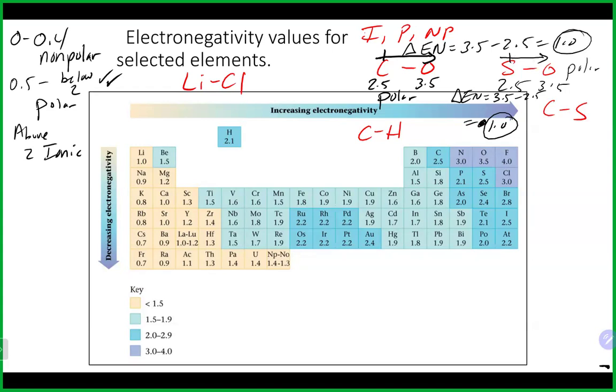When we look at carbon and hydrogen, carbon is 2.5, hydrogen is 2.1. Difference in electronegativity, 2.5 minus 2.1. That is 0.4 difference. 0.4 actually puts us right here. And that's really the reason for the 0.4 cutoff, because that's an organic type of bond, and our organic molecules are nonpolar.